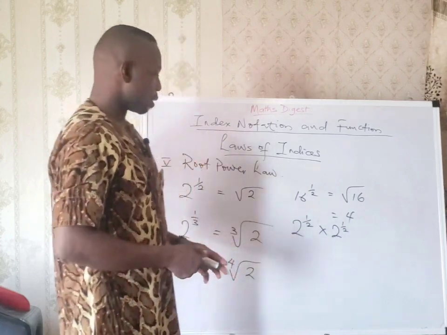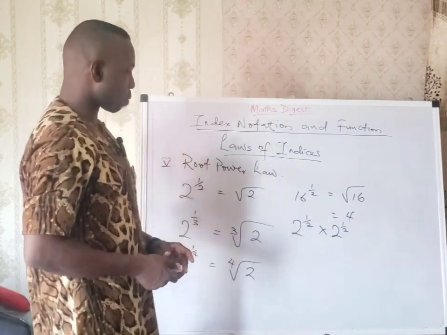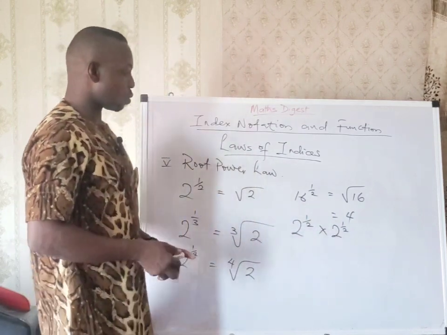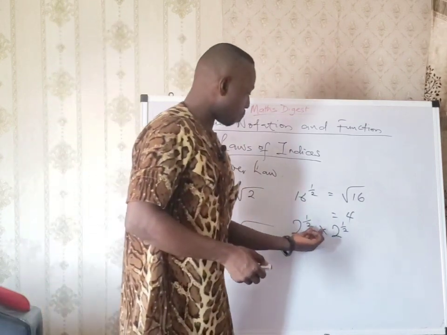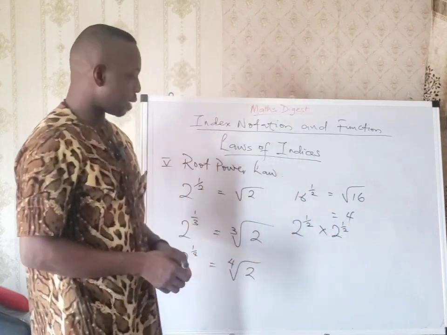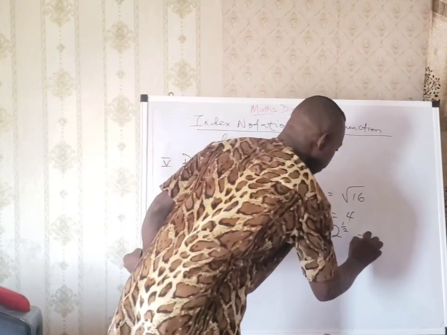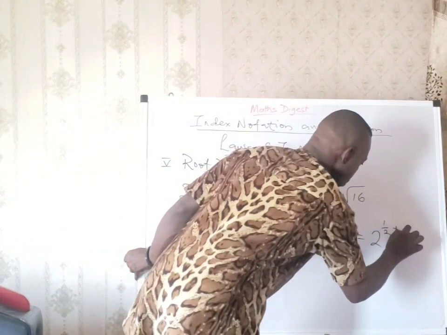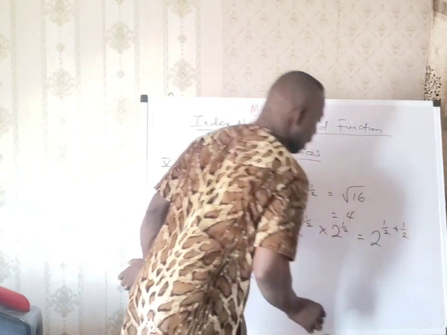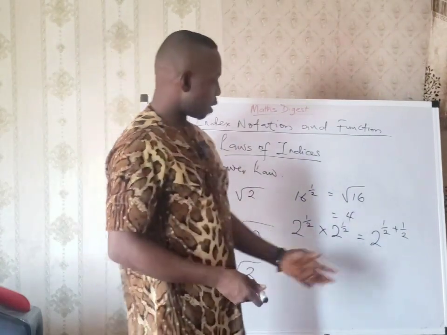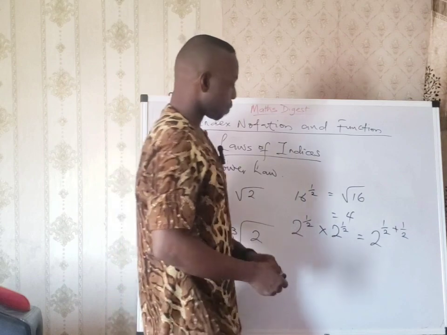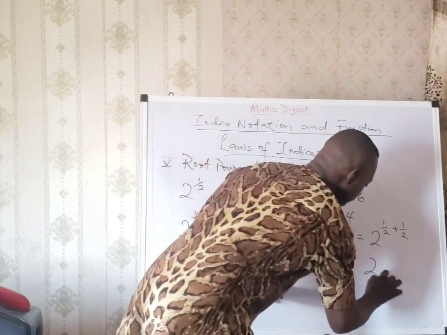Any number of the same value or the same quantity with index, you simply add their index. Okay, with this we can have that 2 raised to power 1/2 plus 1/2. And if you look at this, if you take the LCM of the index or the power, you can simply arrive at what?